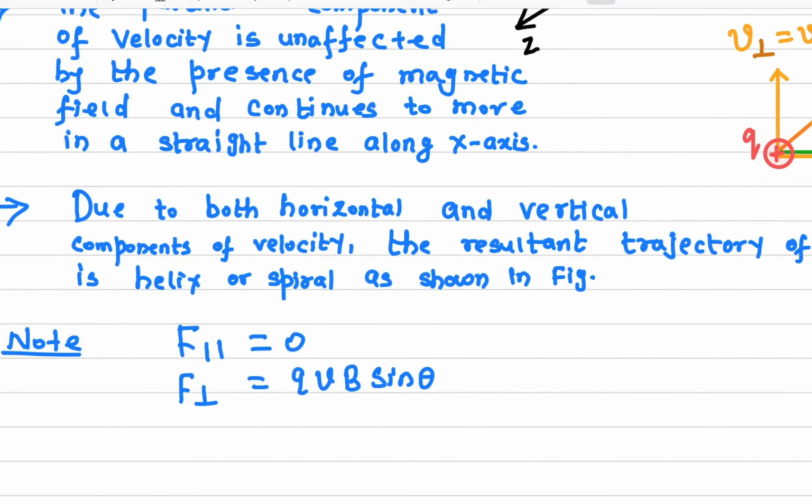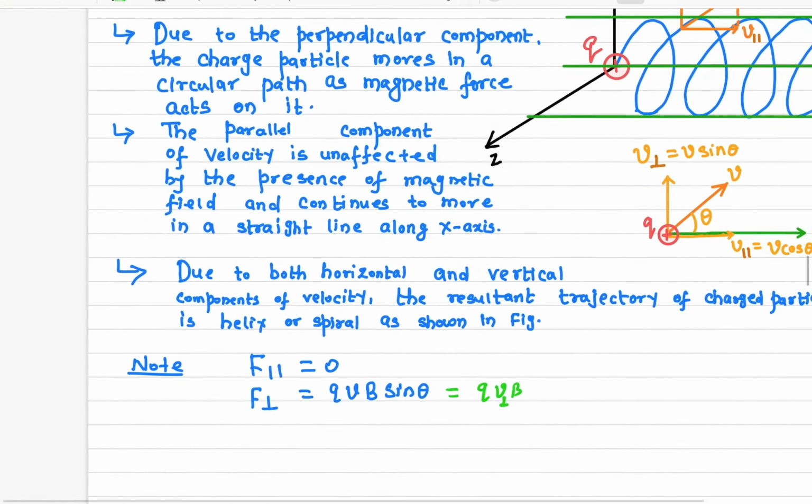Mathematically, the force due to the parallel component is 0, because theta in this case is 0. If theta is 0, then you remember QVB sine theta, so the magnetic force is 0. For the perpendicular component, theta is 90 degrees, so this force I can write as QVB.